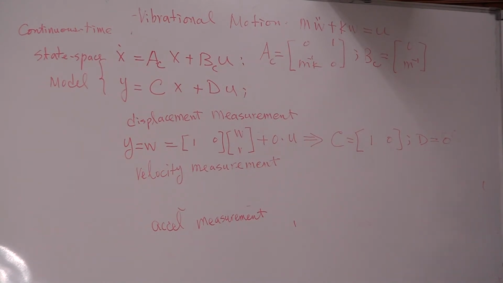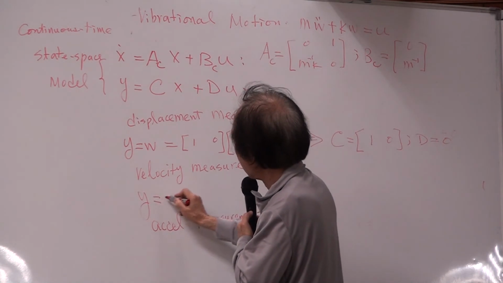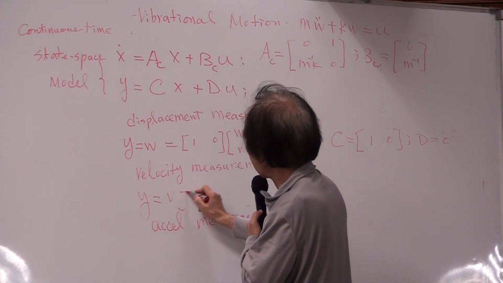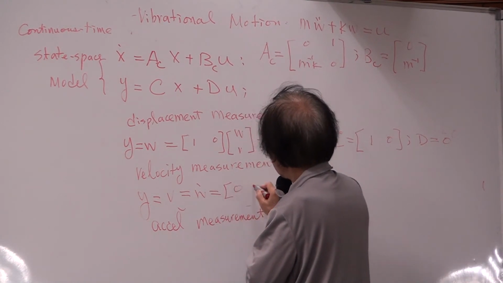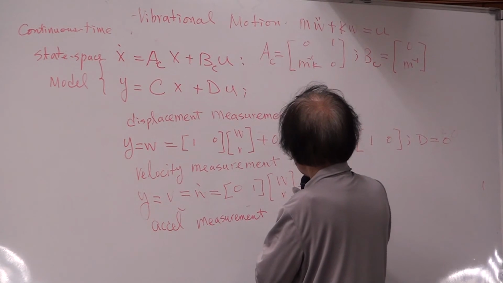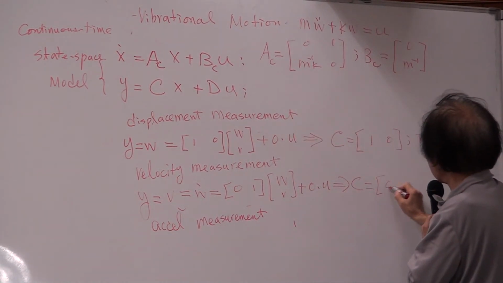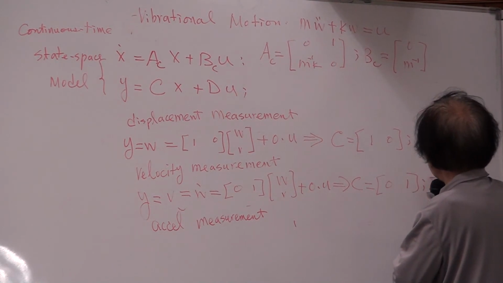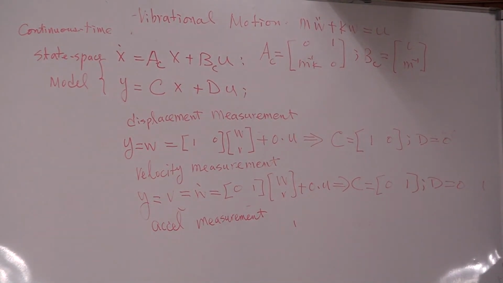Agree? Okay, so for velocity of the vibration, y equal to 0, 1, W V plus 0 times U. That means my C equal to 0, 1 and my D equal to 0. Agree? Can you see it?